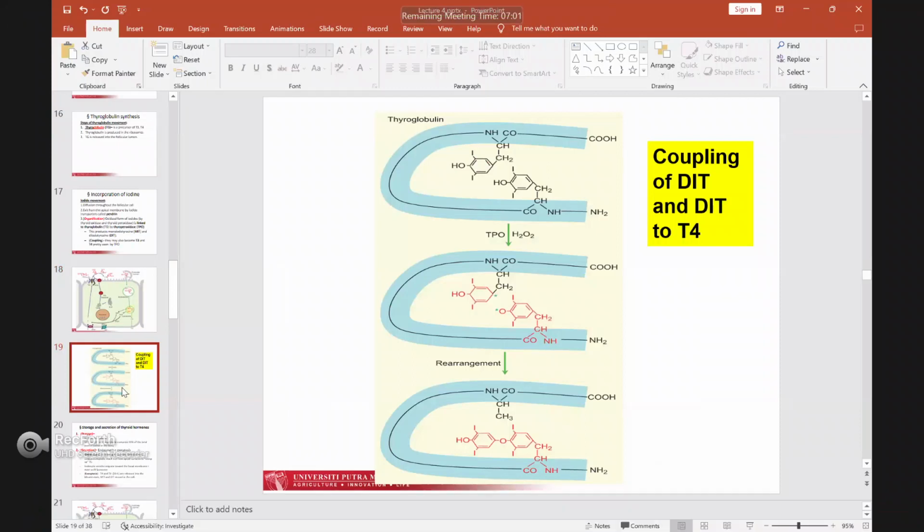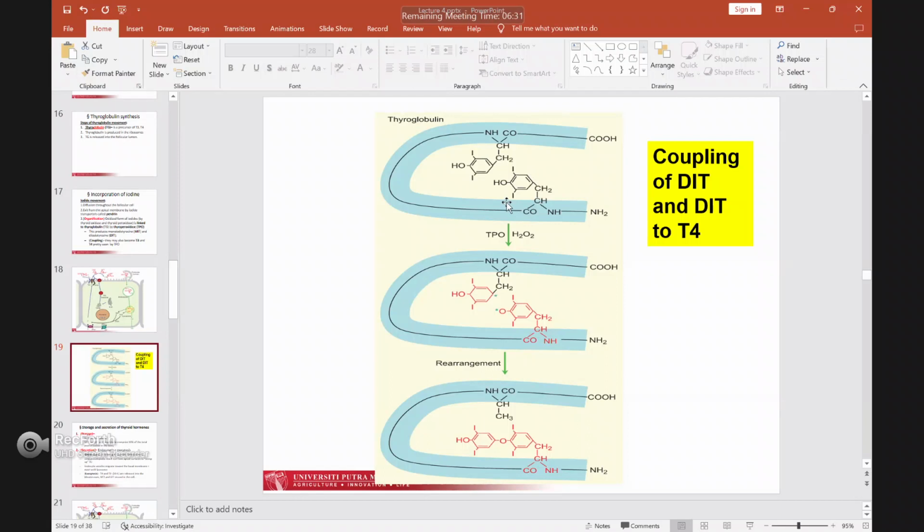Here is an example of how DIT and MIT can be coupled. DIT and DIT can be coupled to make T4 thyroid hormone. Above here we have thyroglobulin. Like I said before, in thyroglobulin we have a lot of tyrosine amino acid residues. These tyrosine residues will be attached to the iodine through the organification.